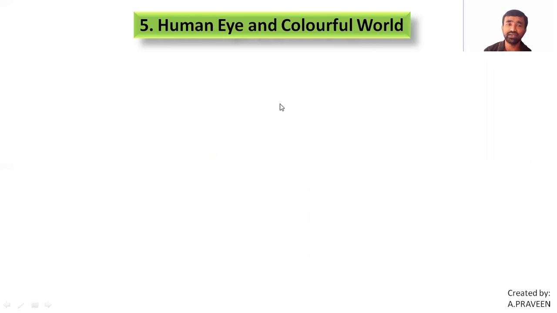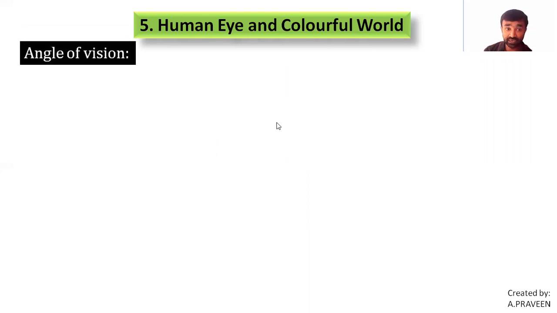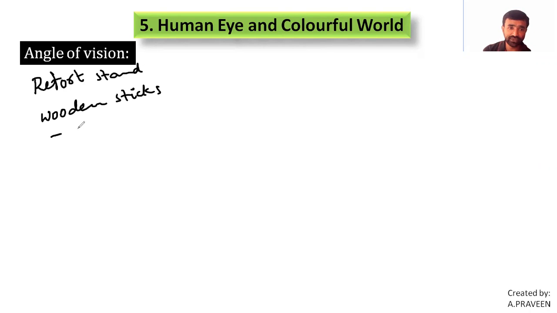So here let us decide that angle of vision. How to decide the angle of vision? For this, I am using the following materials. One is a retort stand, laboratory stand, and wooden sticks having different heights, suggested from 20 centimeters up to 80 centimeters.